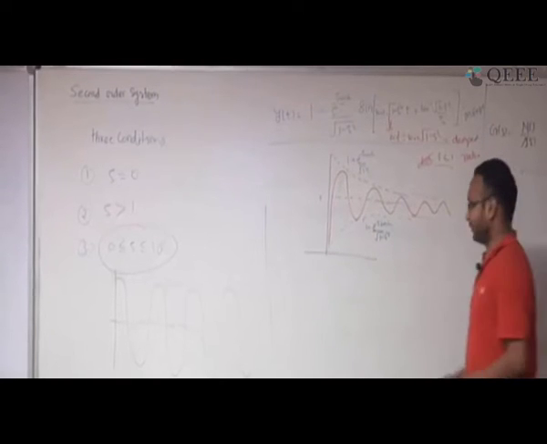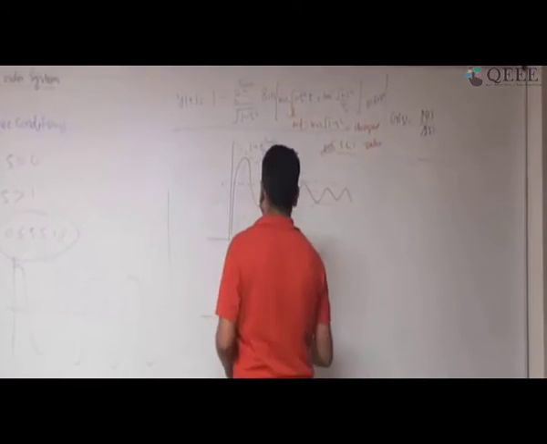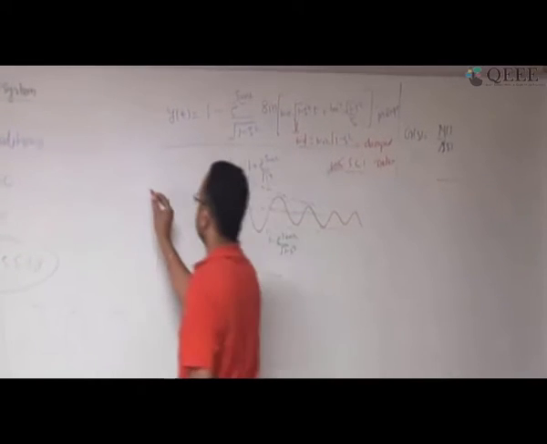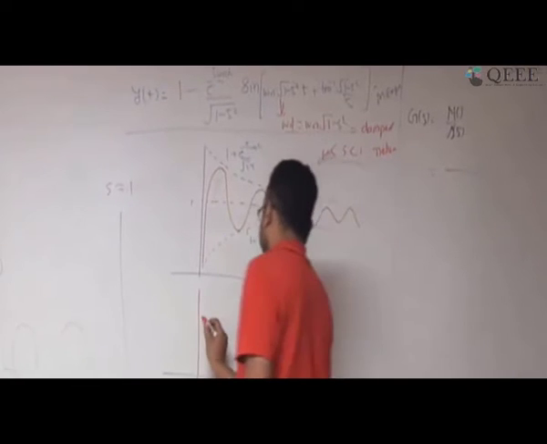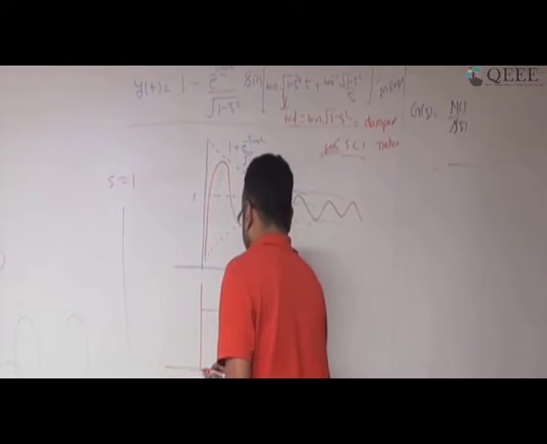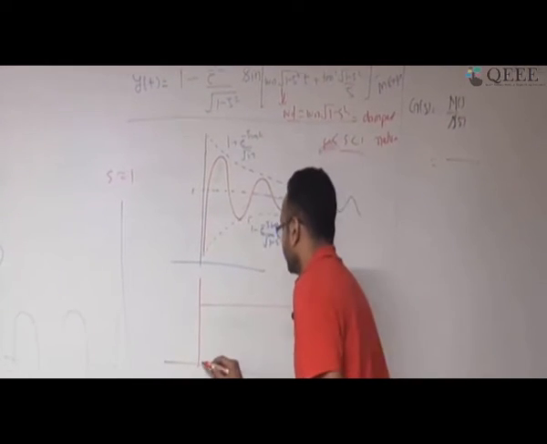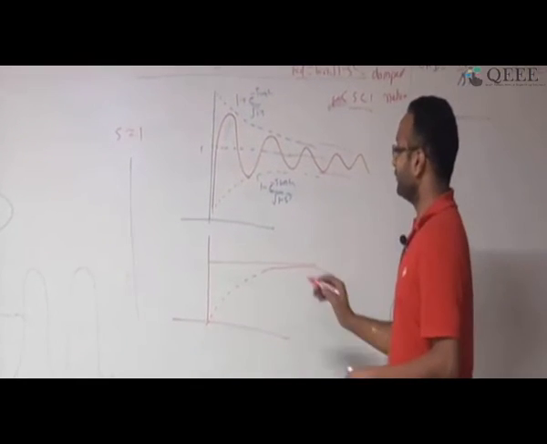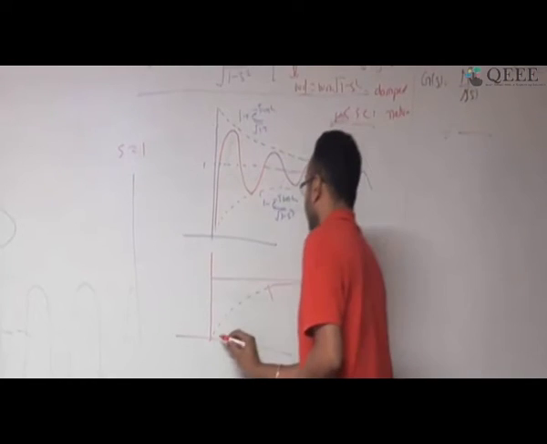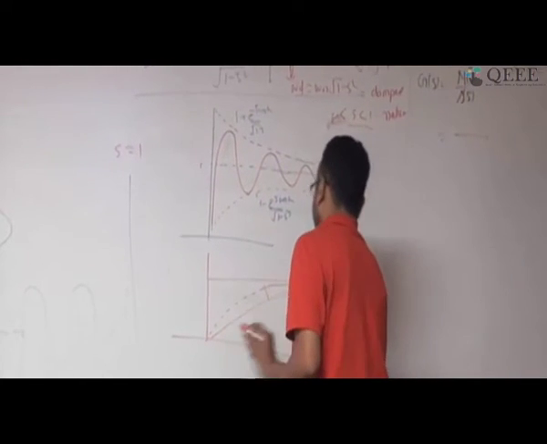Now consider the scenario when zeta is exactly 1. If you plot it, the response is going to come out something like this. And if we keep on increasing zeta, it will be like this.